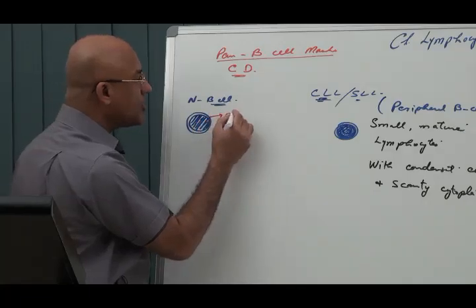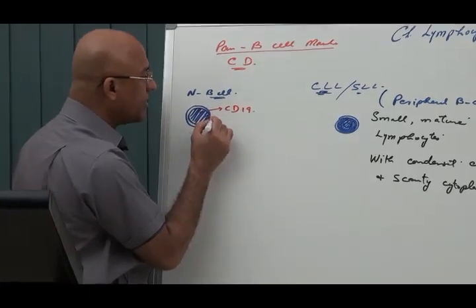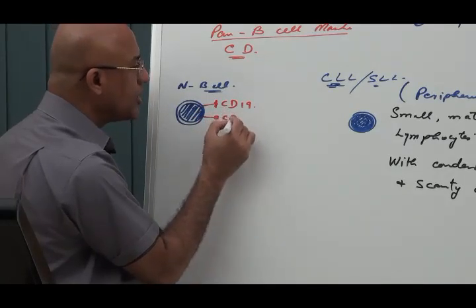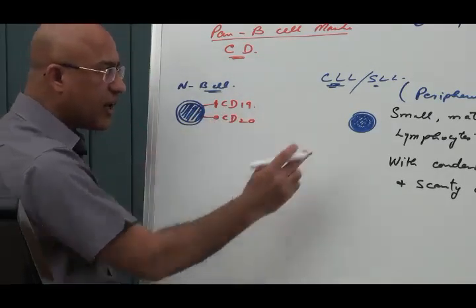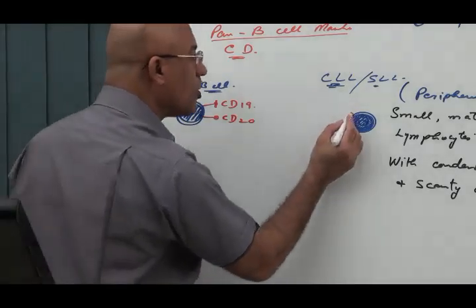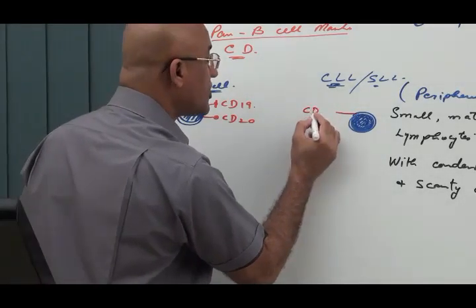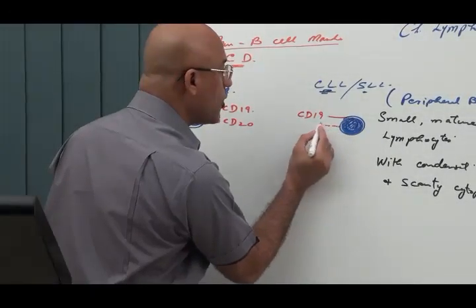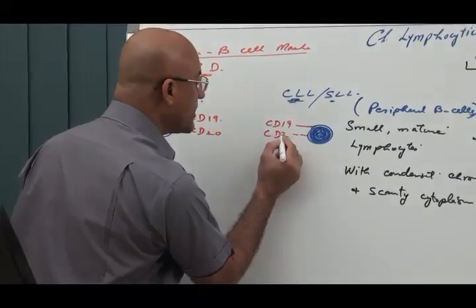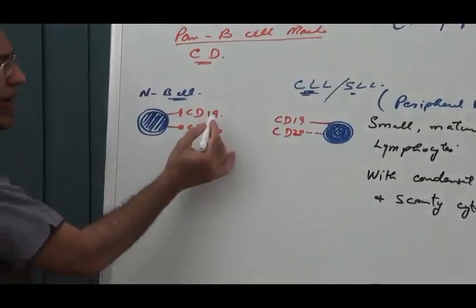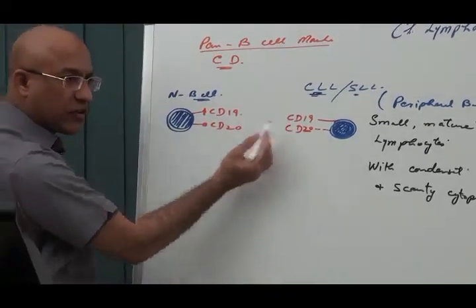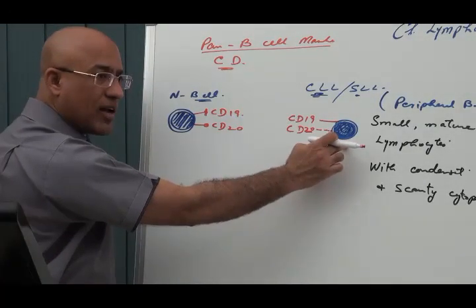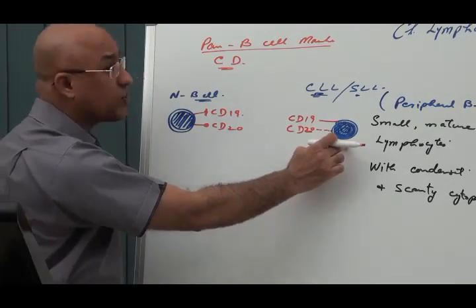Classically, that is CD19 and, let's suppose this is CD19 and here is CD20. Now, on this leukemic cell, it also has CD19. It also may have a lower level of CD20. So by studying these two markers on these cells, we can confirm that this cell is a B cell. This cell is a B cell, but it doesn't tell us whether it's malignant or not.